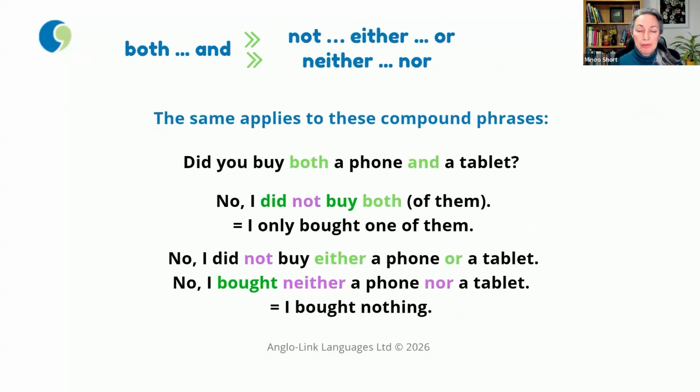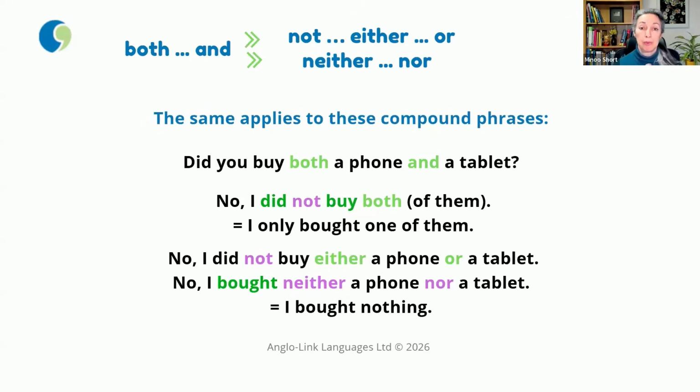Continuing with the same group of words, we also have compound phrases, both and, neither nor, either or. Let's look at these. Example, did you buy both a phone and a tablet? Now, if you say, no, I did not buy both of them, you mean I only bought one of them.